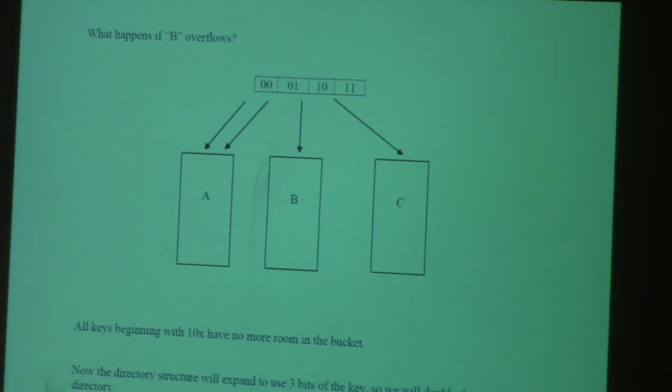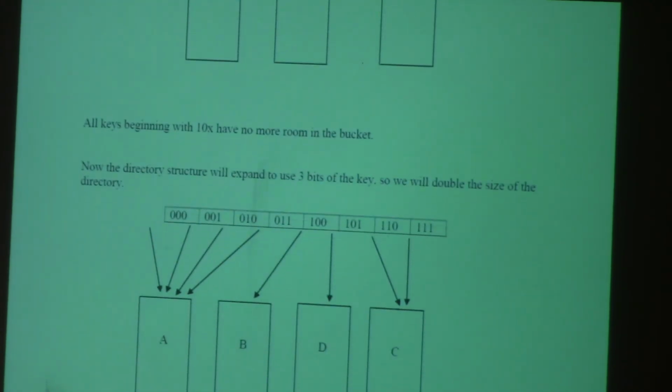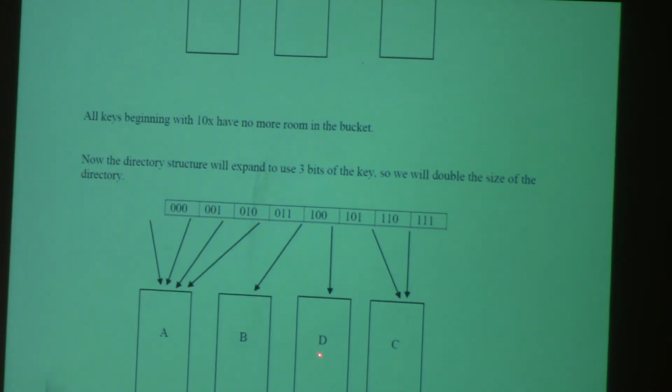So the whole index is going to go from 4 locations into 8 locations. So 1, 0, 0 and 1, 0, 1 will be B and its split. Here's 1, 0, 0, here's 1, 0, 1. Notice that the bucket C is still taking 1, 1. So it's 1, 1, 0 and 1, 1, 1. Now it's a 3-bit address. Any questions?